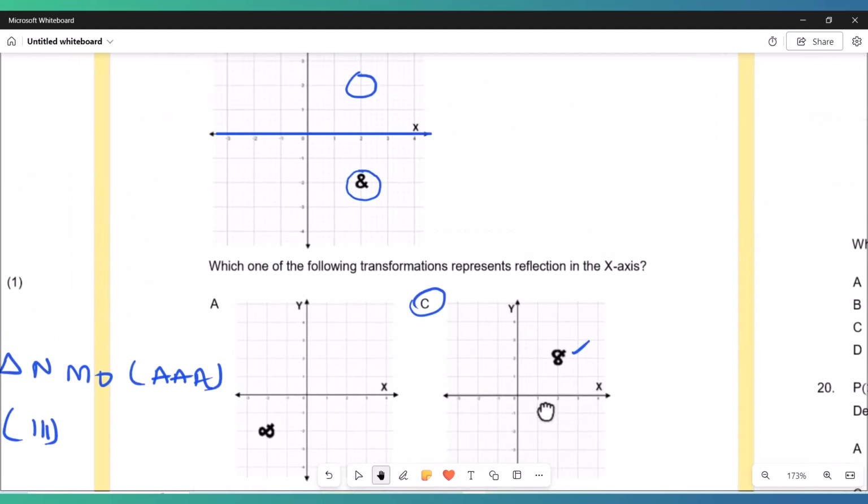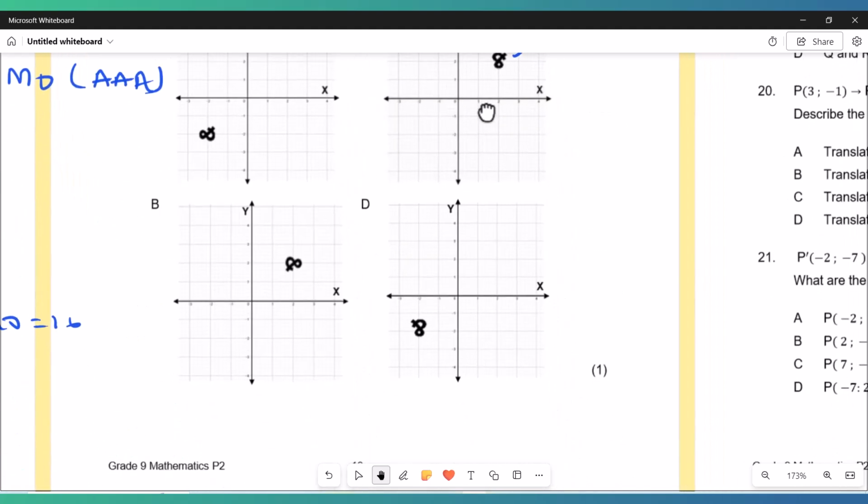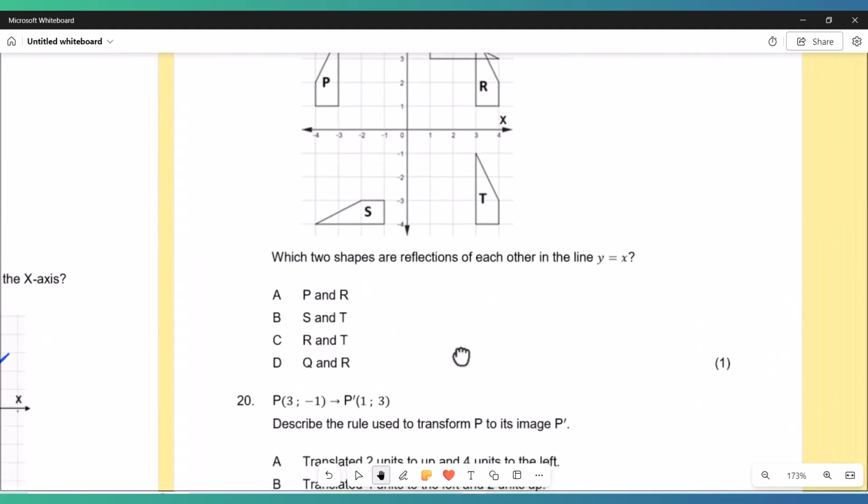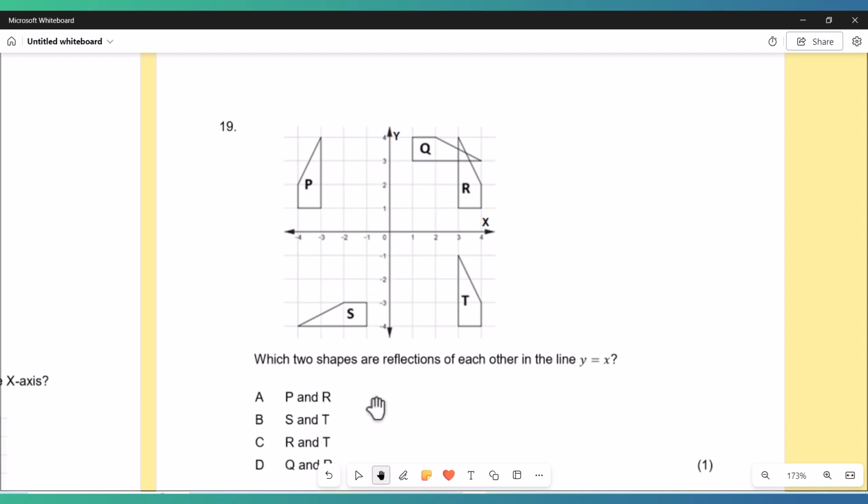Next question, question 19. They said, which two shapes are reflections of each other in the line y equals x? The line y equals x is this line which passes in the middle. Let me draw it here. This line divides the shapes like this.